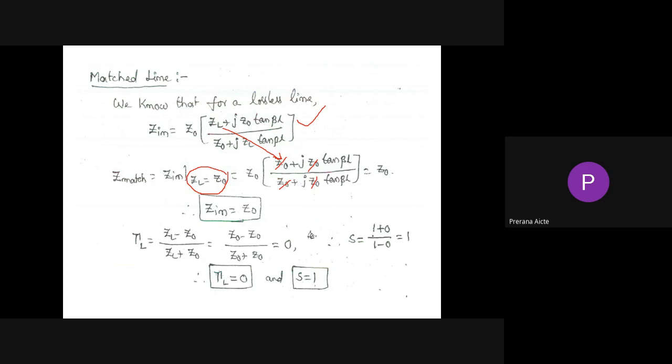Then what will happen? 1 plus j tan beta L divided by 1 plus j tan beta L, all are the same, so the entire term cancels. So only the Z naught value remains.